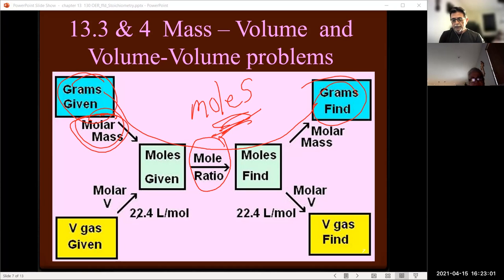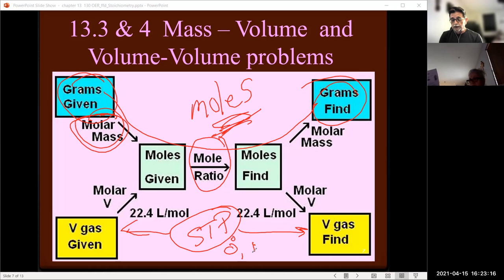And that's crucial. Then obviously this down here in the yellow boxes, this is only true when you are at STP. STP meaning 0 degrees Celsius and at 1 atmosphere. So if the question asks you to figure out a volume of anything and they don't tell you it is STP or list the temperature as 0 or 1 atmosphere, then there's nothing you can do with the calculations.